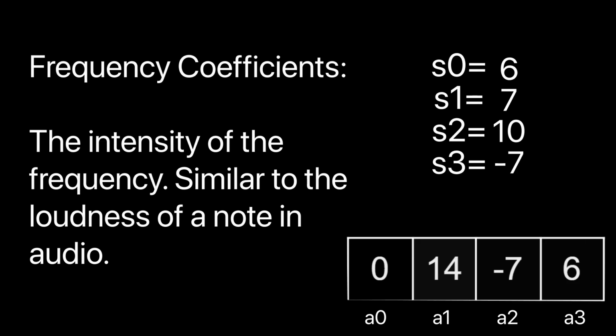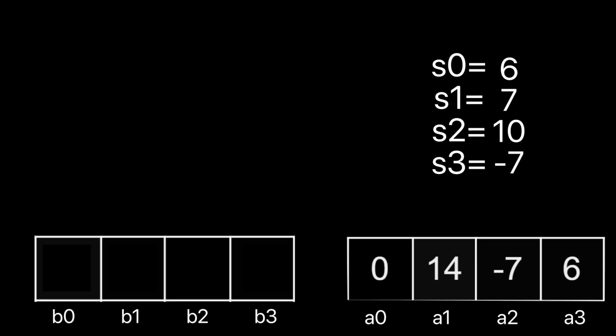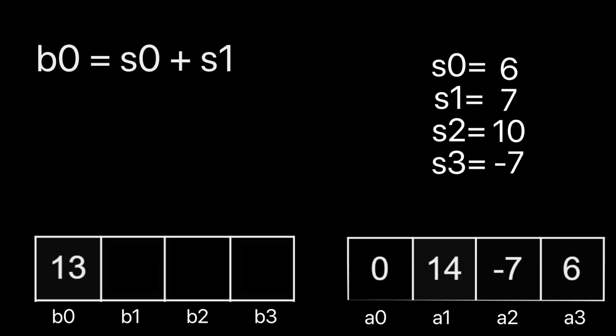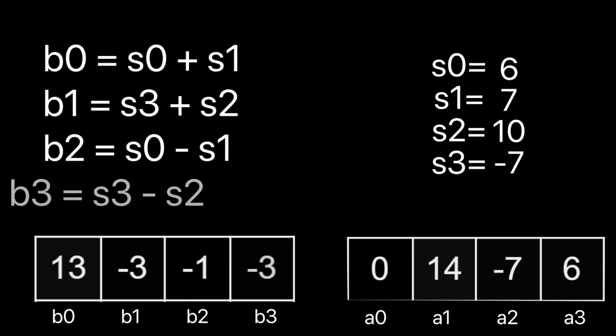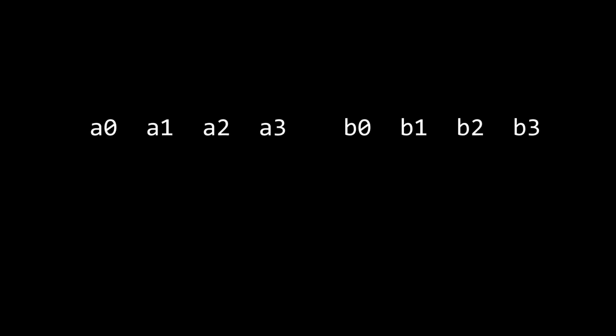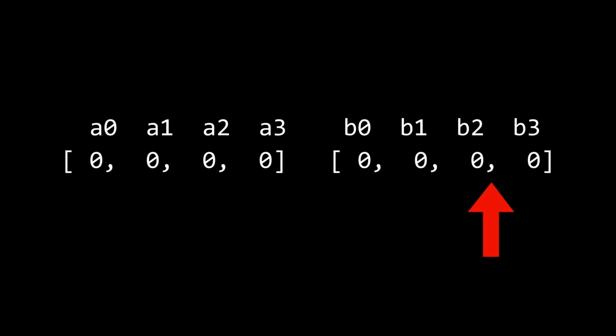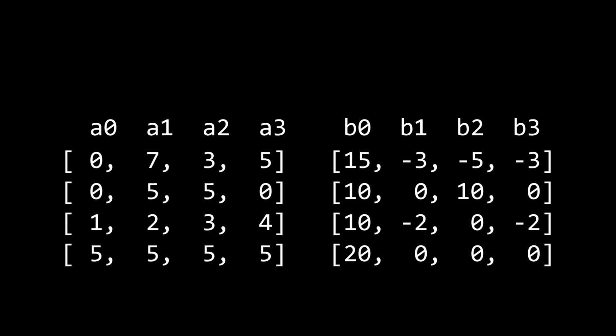Next, we'll find 4 frequency coefficients using a simple and reversible algorithm. Our 4 frequency coefficients are B0 equals S0 plus S1, B1 equals S3 plus S2, B2 equals S0 minus S1, and B3 equals S3 minus S2. Now, notice what happens to our frequency coefficients when we change the values of our row: a flat row, a smooth slope, slow ripples, fast ripples.